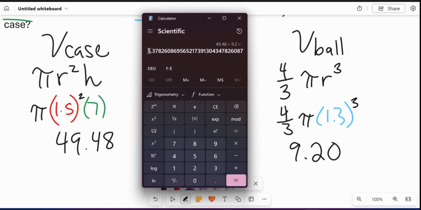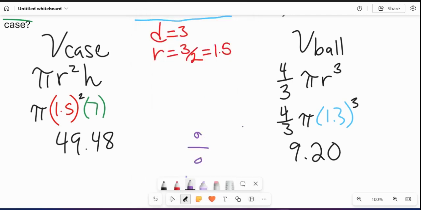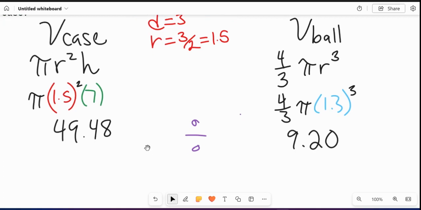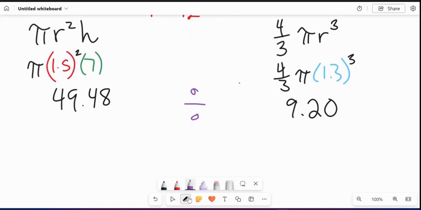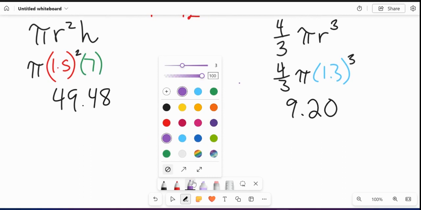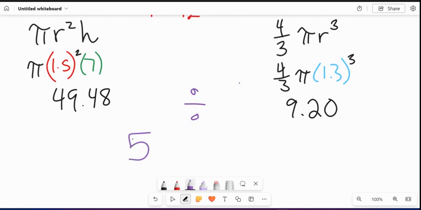Now, I cannot have 5.37 tennis balls fit in the case. So you only take the maximum whole number that does. So 5 is the maximum whole number. So the number of balls that fit into the case would be just 5. So my answer is 5 tennis balls.